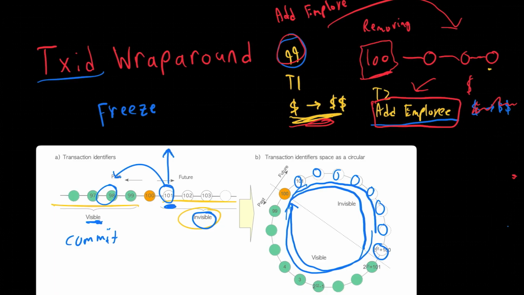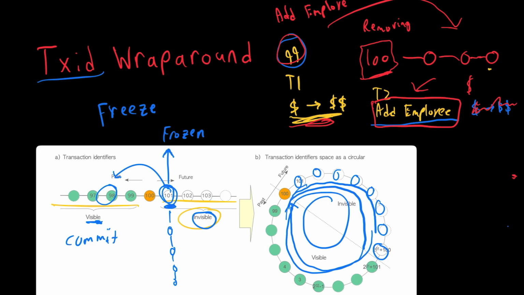So you can imagine we're looping around this circle over and over again, and then we come across 101, this txid right here, and we mark it as frozen. Now, what this frozen command tells the vacuum is we can think of the information and the history of this txid as permanently committed. We don't need to worry about this information because it's so old.